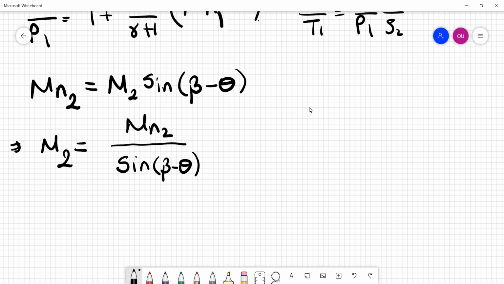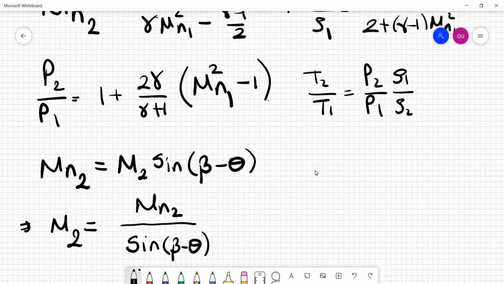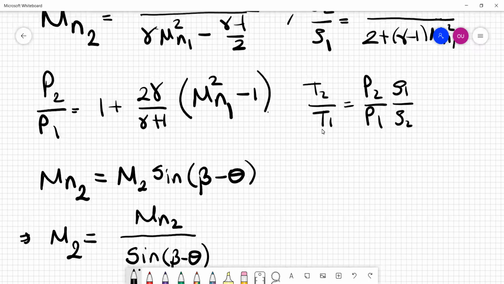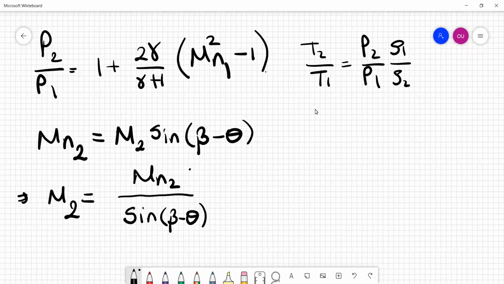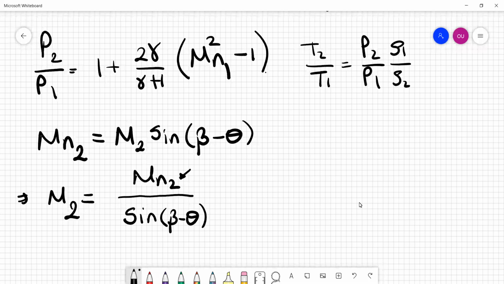Now there are, of course, two unknowns here in this equation. I mean, let's take a look at this equation for a second. Mn2, in reality, we do have an equation for this. Mn2 is here. So this is that equation.